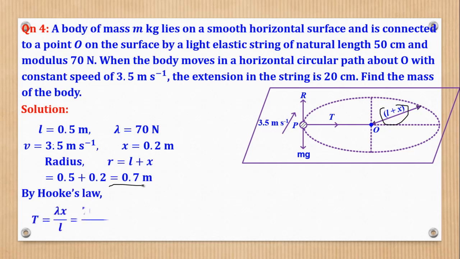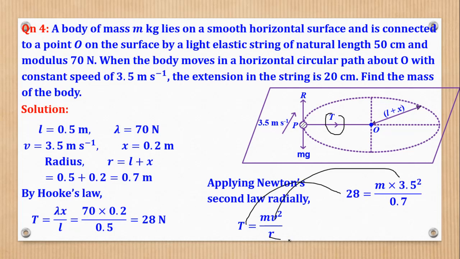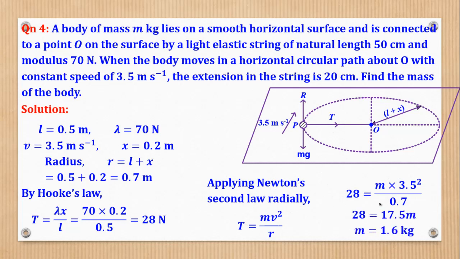Then by Hooke's law, we can get the tension, which is modulus times extension over original length, to give you this. This force is directed towards the center, so it provides the necessary centripetal force. Therefore, you can substitute for T, which you already got, v squared, and r, to remain with m as the only unknown. So m will be 1.6 kilograms, and that's what they wanted.